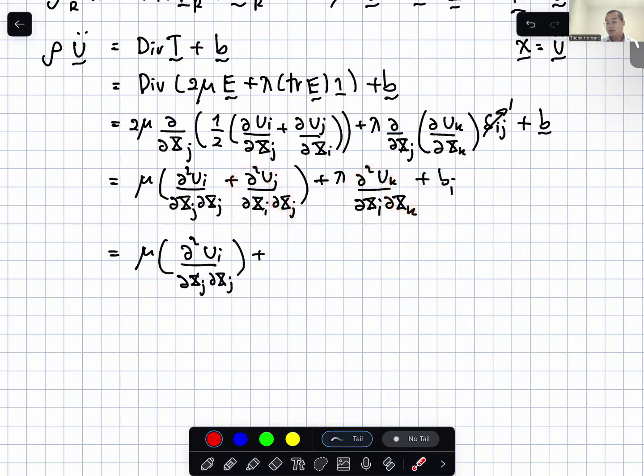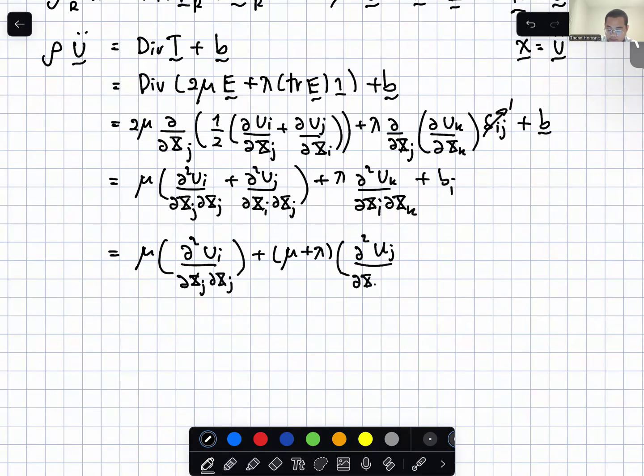It can be l, m, or n, but we just leave it as j. So we have the first term with mu, and the second term is lambda times the partial derivative of uj twice with respect to xi and xj, plus the b with the ith component.